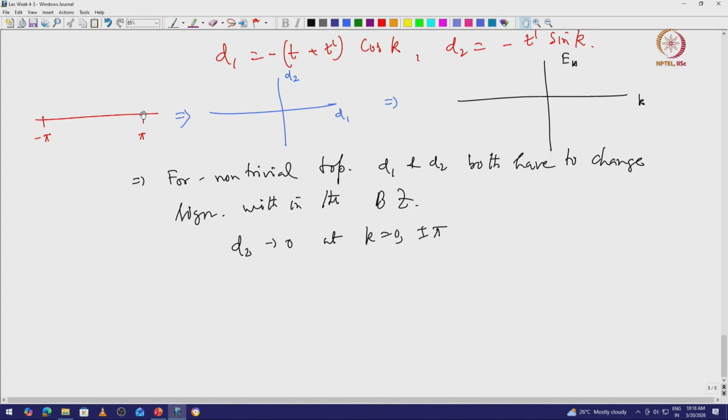Okay. Now, the question is, will d1 go to 0? Whether it goes to 0 depends on this condition.